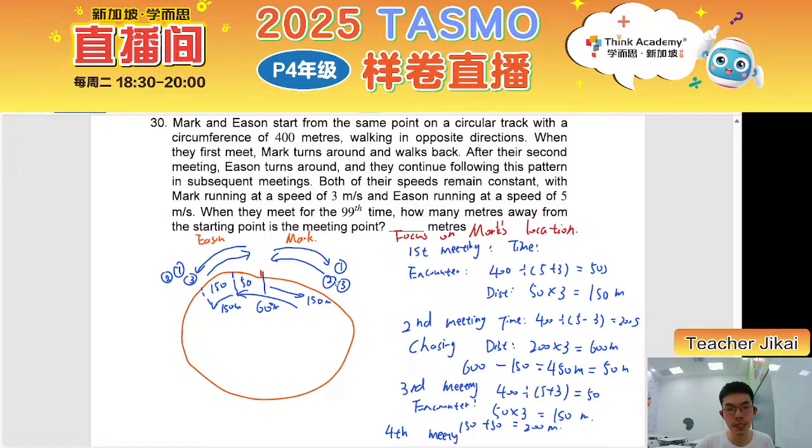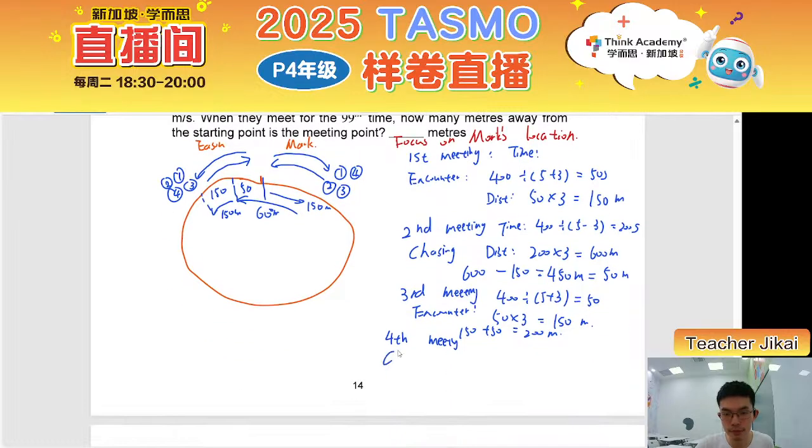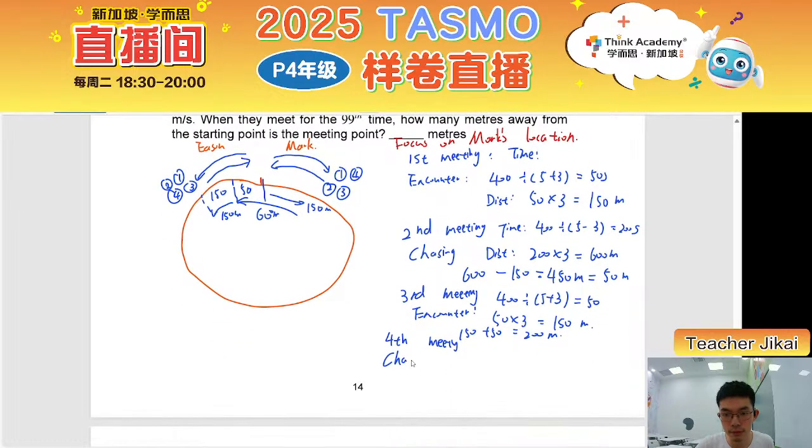For the fourth, Mark turned back like this, and Ethan keeps the same direction, right? So they are having the chasing. The time is 400 divided by 5 minus 3, so it will be 200 seconds.